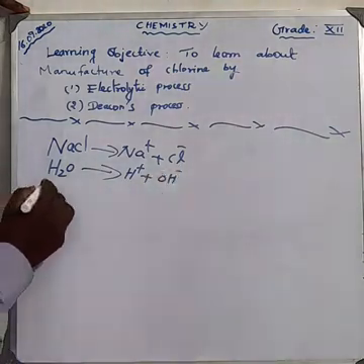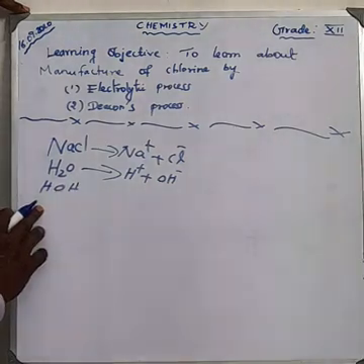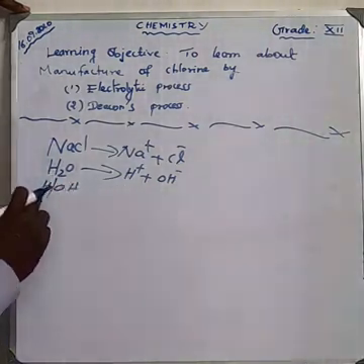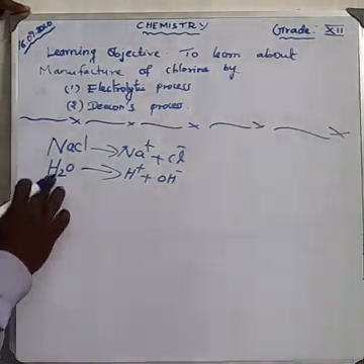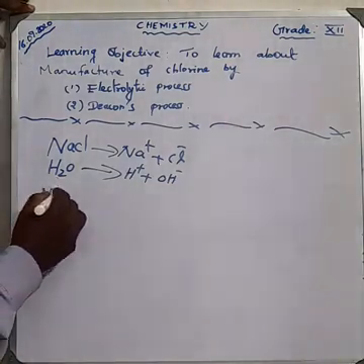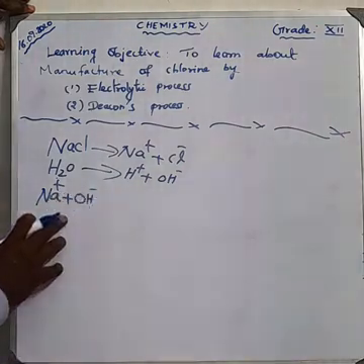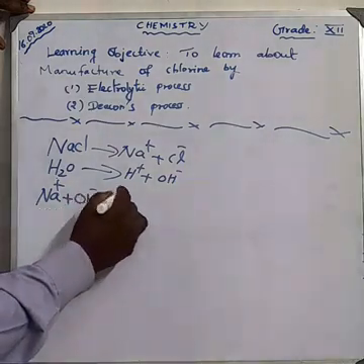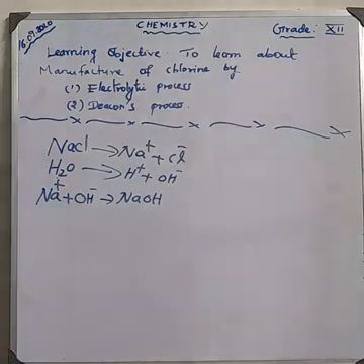Water can be written as HOH, which splits into H plus and OH minus. Next, Na plus combines with OH minus ion to form NaOH.